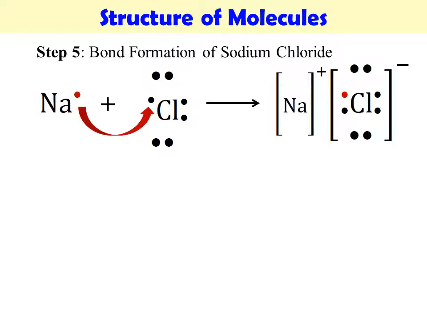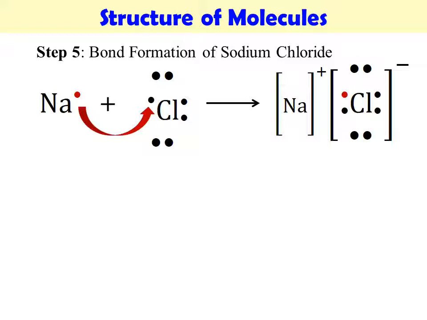So this is how it looks. Sodium, Na plus, why is it plus? Because it has given the electron to chlorine. So the electron is no longer there in the atom of sodium, and hence it is Na plus, because the loss of one electron increases the positive charge.